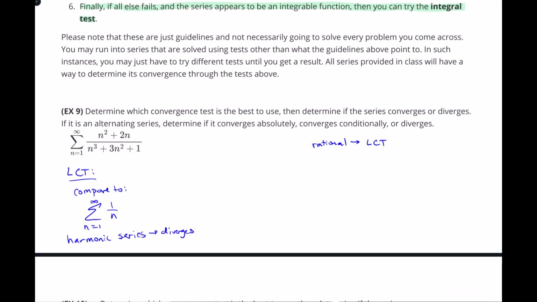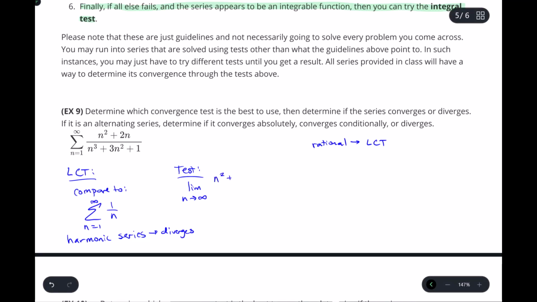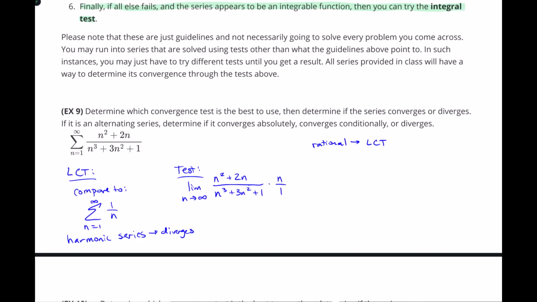Okay, so the test itself, I need to do a limit as n goes to infinity, and I'll take the original series and technically I'm dividing by the new series, the known one, but I'm actually just going to multiply by the inverse, which is the same thing.